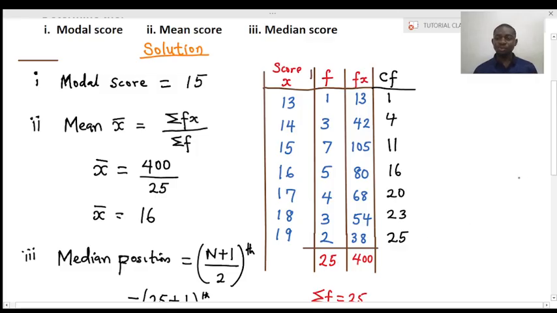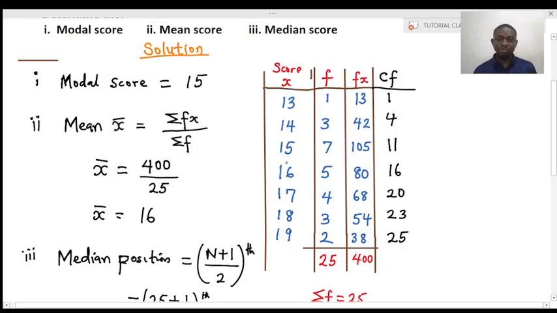Now, we are looking for the number at the 13th position. This is the first position. Here we have the first to fourth positions, then from 5th to 11th, and from 12th to 16th position, this is where it's located.